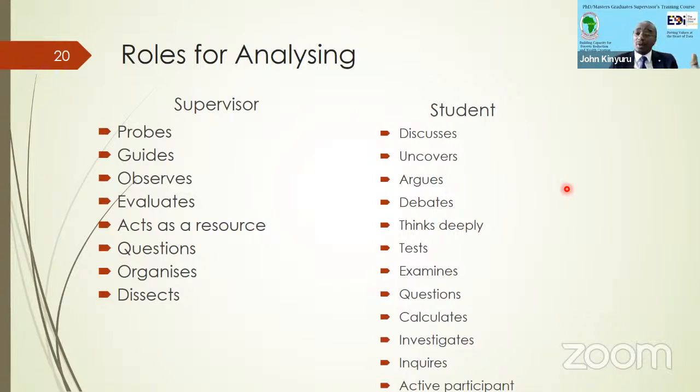By the way, I hope all of us, if not most of us, have registered with Google Scholar. In Google Scholar, you can set alerts for specific titles of papers of your interest, depending on your area of study or area where you're supervising. So any new paper that is published in that area, you're given an alert and a link is sent to you. And then you read the paper.